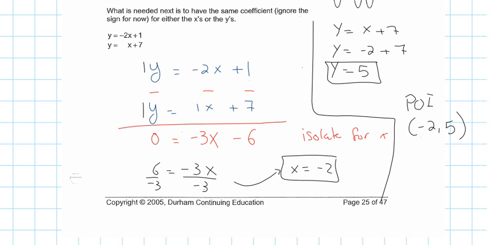I subtracted the numbers. I ended up with an equation that has x in it. I had to isolate for x, so I brought the negative 6 over to become plus 6. And then I divided by negative 3 to get the answer for the x. Now, me knowing that the point of intersection is a point, so it's an x and a y, I used one of the equations to solve for the y value.